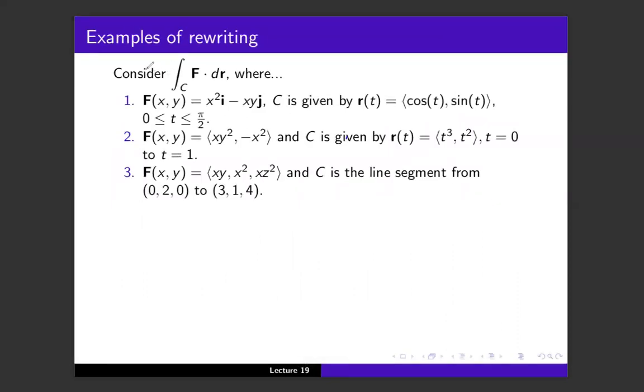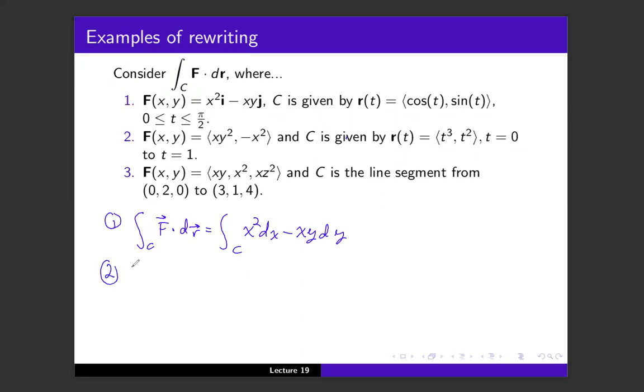For the first one, if F(x, y) equals x squared i plus xy j, then F dot dr you could write as the integral over C of x squared dx minus xy dy. That is a vector field integral. It's the same exact object, just another piece of notation.